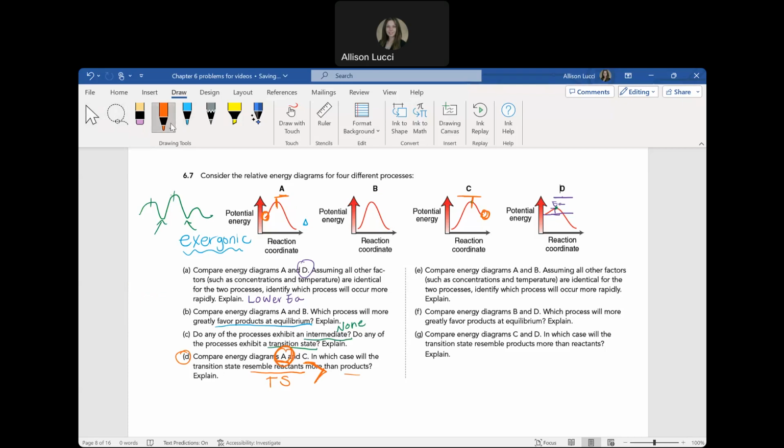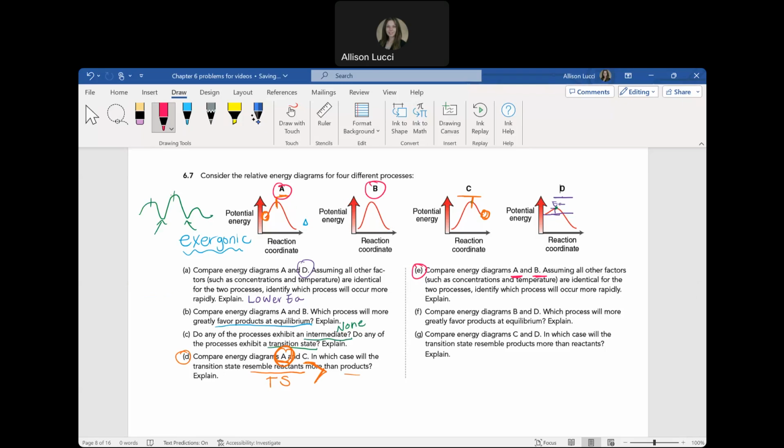All right, let's look at question E here. So we're asked in E to compare diagrams A and B. And everything is equal, everything is identical. Which process will occur more rapidly?